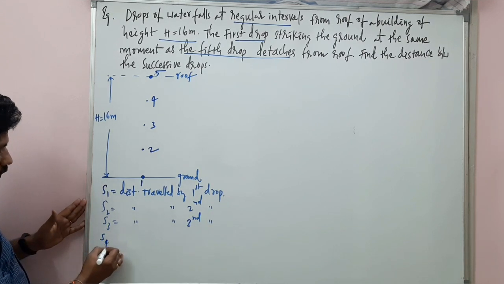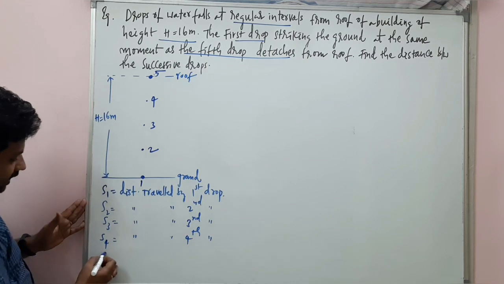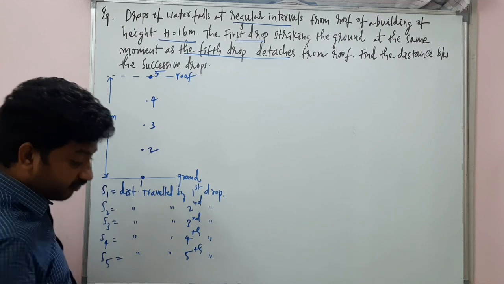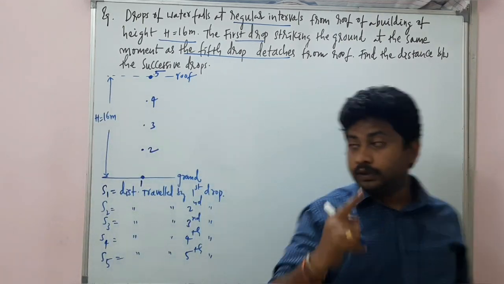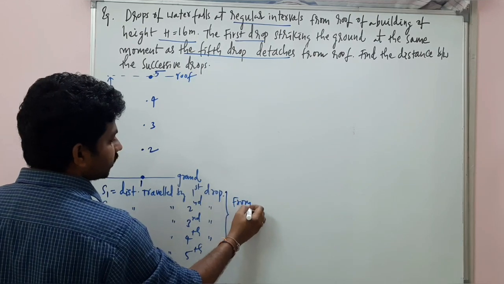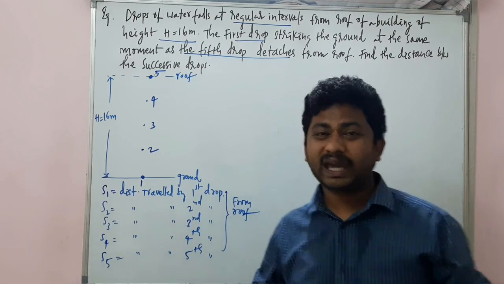Remember, S4 is the distance travelled by the fourth drop. S5 is the distance travelled by the fifth drop from the roof. From the roof. Everything is from the roof, my dear children, and no confusions at all.